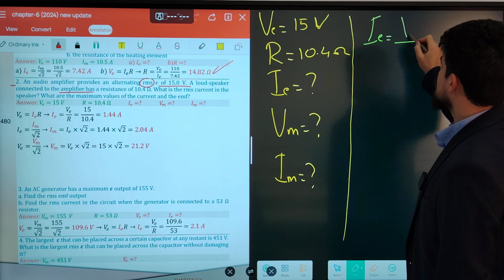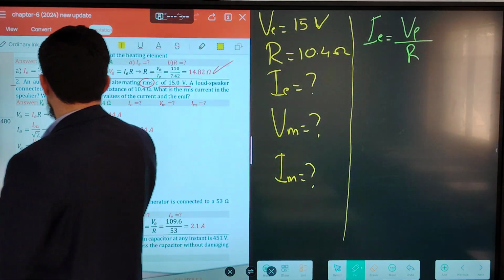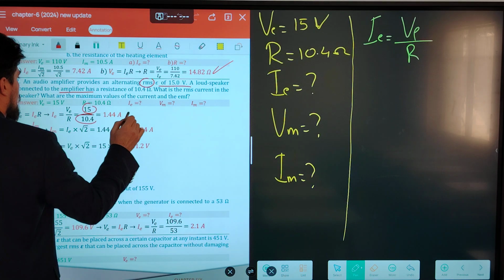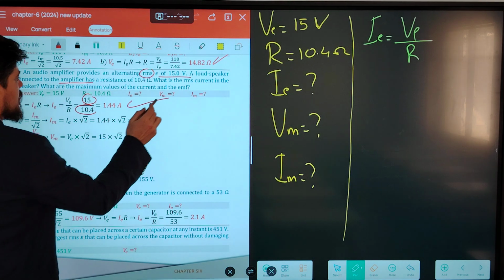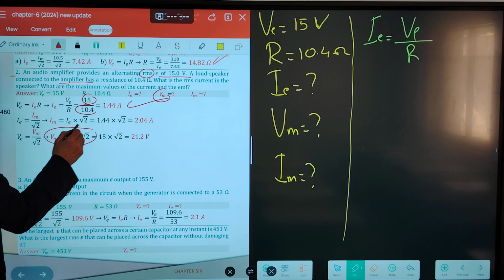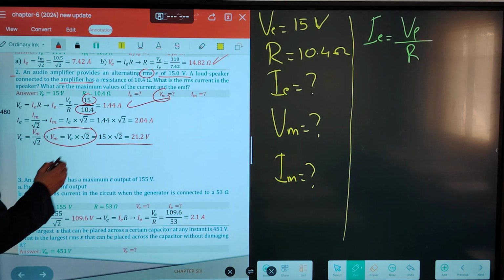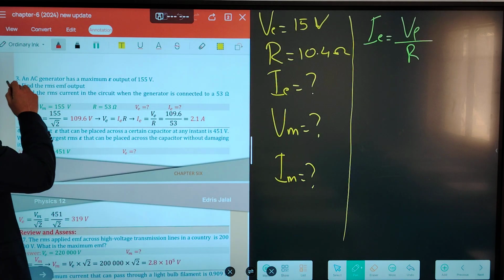Use Ohm's law, VE over R. Do we have VE? Yes, 15. R, 10. Part B, the second unknown, VM, is equal to VE times radical 2. IM is IE times radical 2.